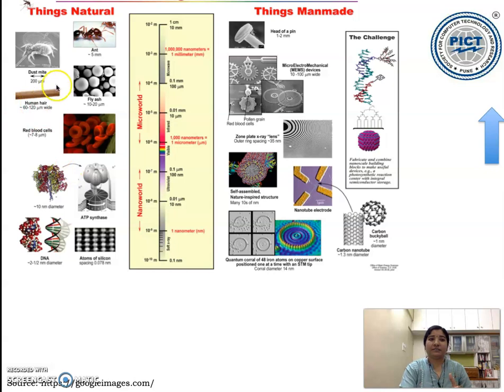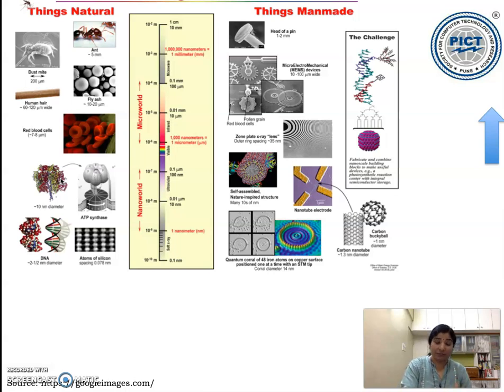The RBC is around 7 to 8 micrometer. The DNA is approximately 2 to 2.5 nanometer, and proteins are of nanometer size. The smallest identified virus is a parvovirus whose size is approximately 10 nanometers.